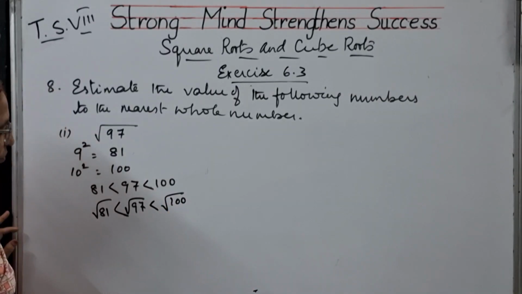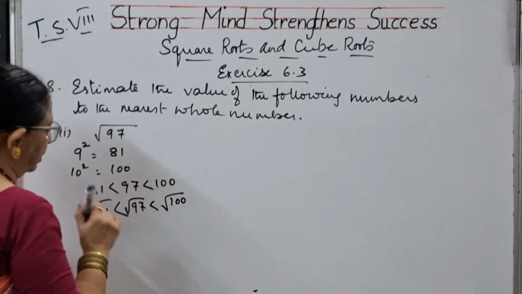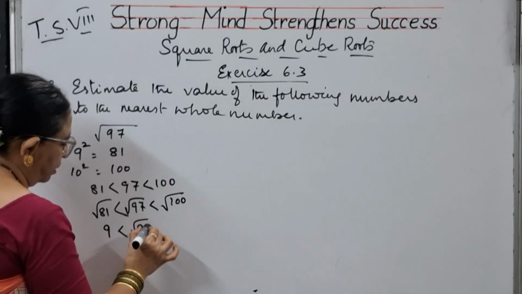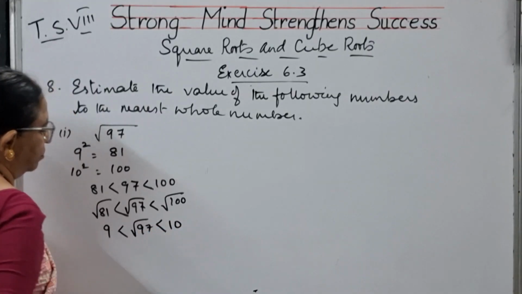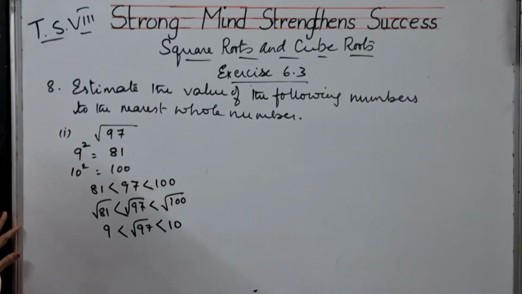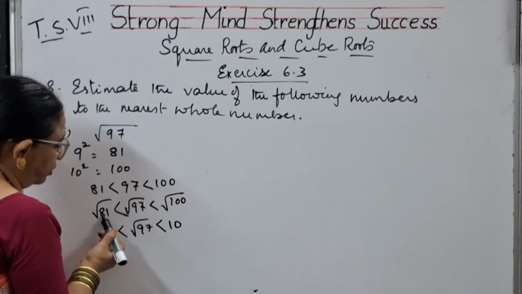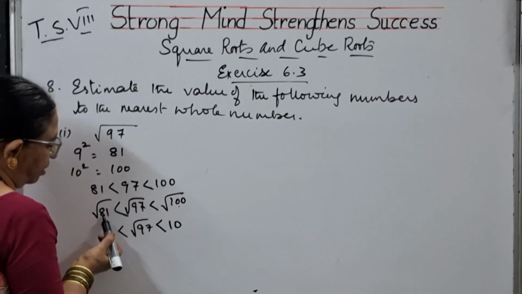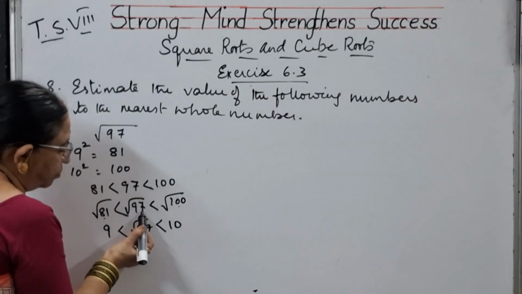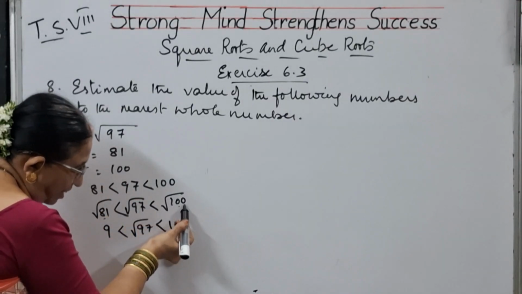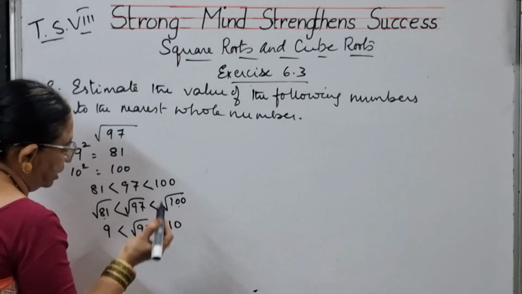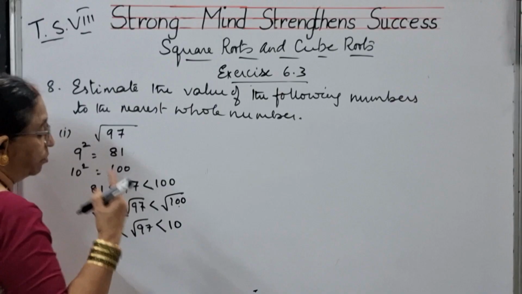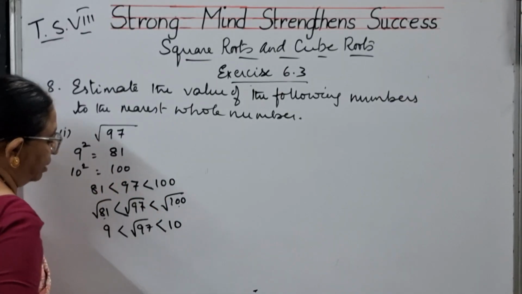So root 81 is 9, which is less than root 97, which is less than 10. Now what we need to do is, which number is nearest? Is 100 nearest or is 81 nearest? 97 plus 3 is 100. If you add 3 you are getting 100. But for 81 you have to add 16 more. So the nearest one is 10.